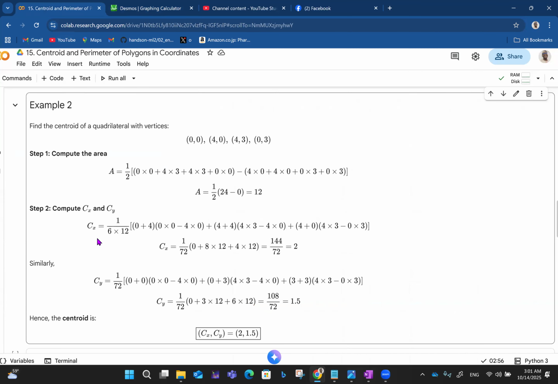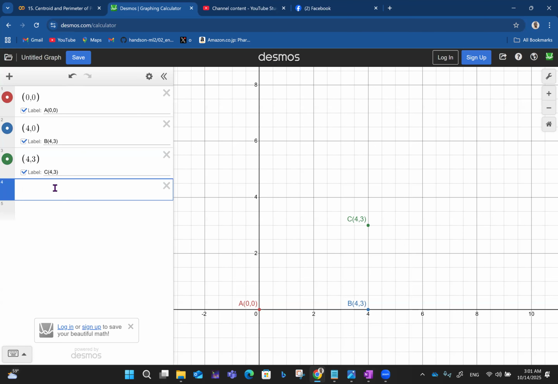Lastly, we have 0, 3; that is D, 0 comma 3, as you can see. So that's definitely going to be a square.